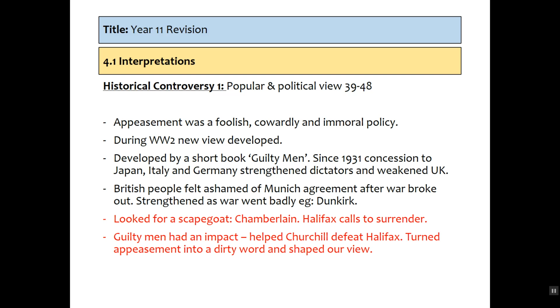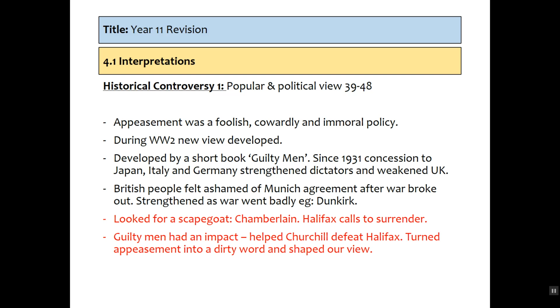You know, as we saw the losses being made and the difficulties that Britain was struggling to face, this view developed. Okay, who's the person that got us into this situation? And they're going to need to scapegoat someone. A short book, The Guilty Men, came out, and it targeted Chamberlain, and he was held as a scapegoat.